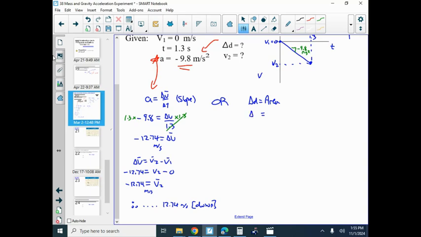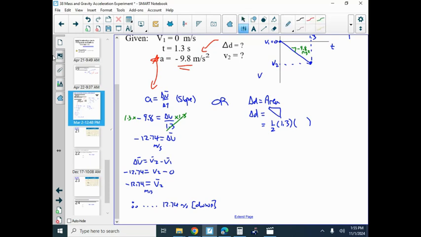So displacement equals the area. Well, in this case, you can tell it's just a triangle, and that's okay, right? Just because we only started at 0. So we have 1/2 of the base was the time, so 1.3, times the height. Now we just need heights of triangles. So, in this case, I can put the negative in because then it represents the negative height and we'll get the negative displacement.